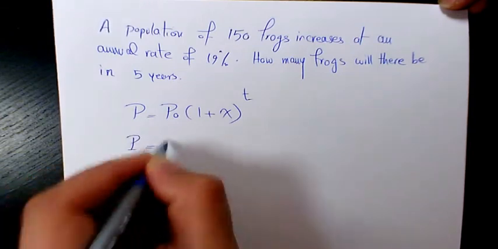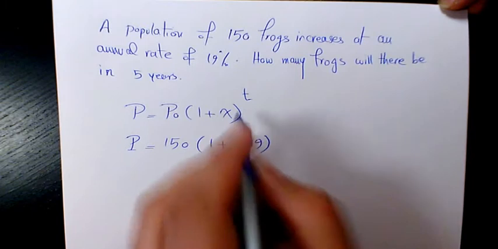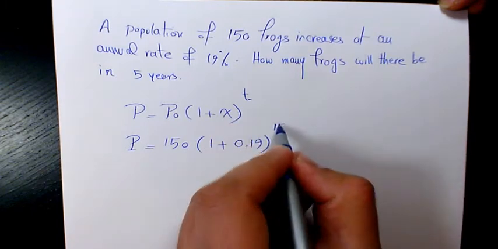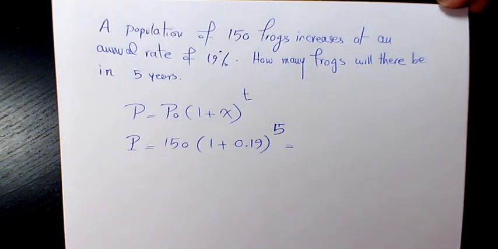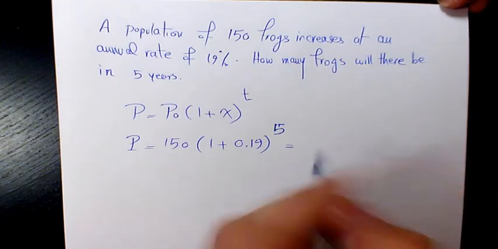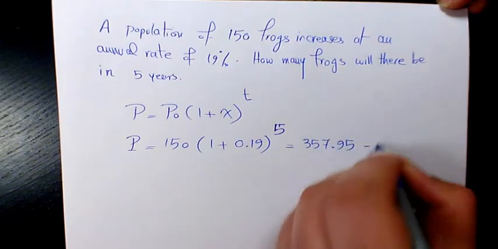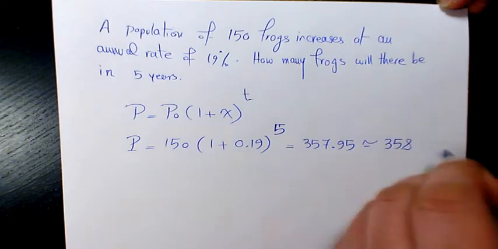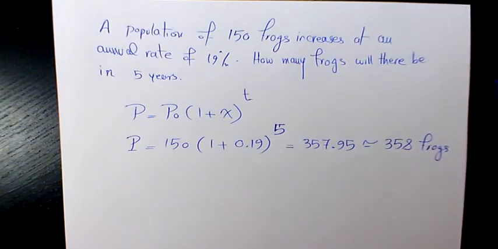So we have P equals 150 times 1 plus 0.19, that's 19%, to the power of 5 years. So that's going to be 1.19 to the power of 5 times 150. That's going to give me 357.95, or almost 358 frogs. That's how we find out the population in future.